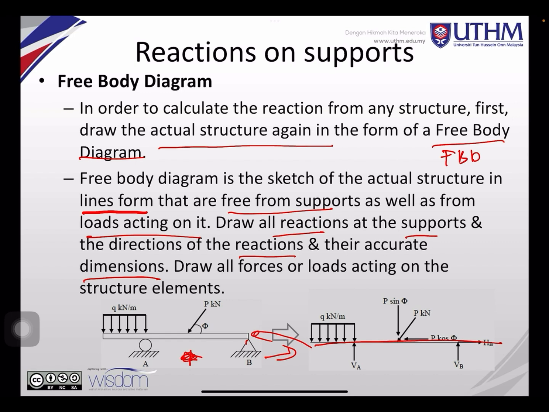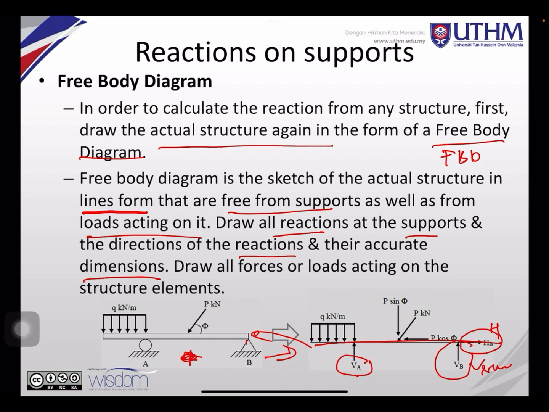Support A is a roller support, so it only has VA. Also at B, you have a pin support, so you have a horizontal force and a vertical force. HB is horizontal, this is vertical.